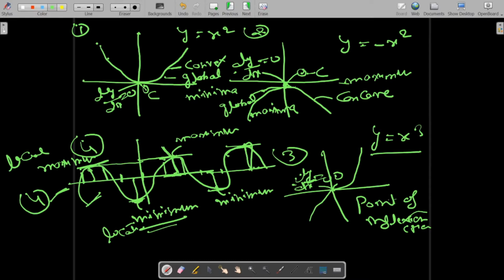all these graphs, let's go to this one. So all these graphs, y equal to x square, y equal to minus x square, and y equal to x cube.